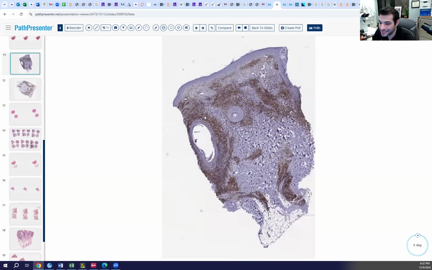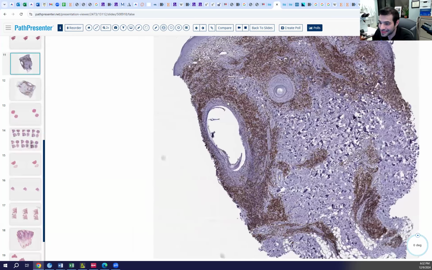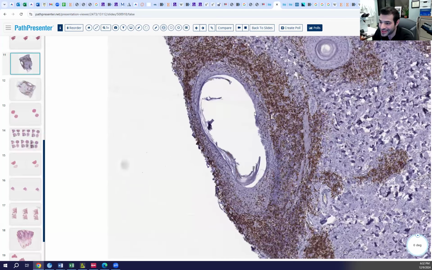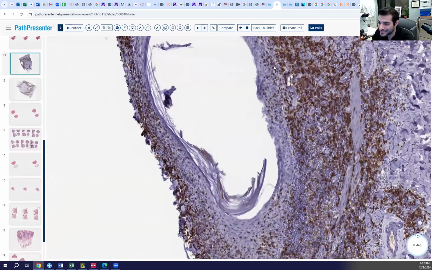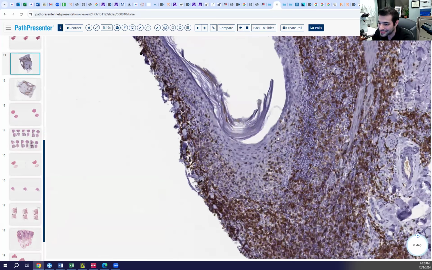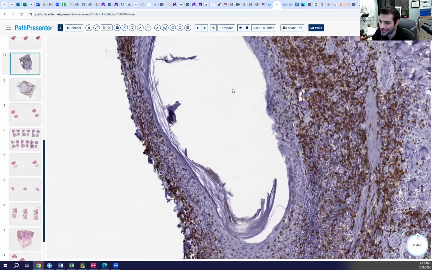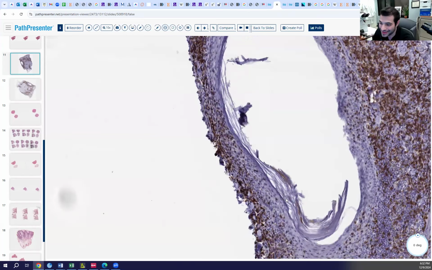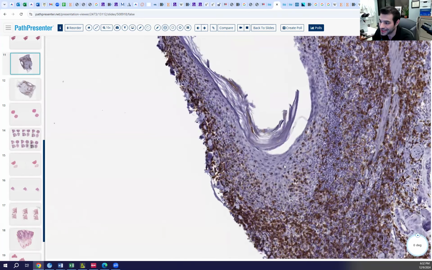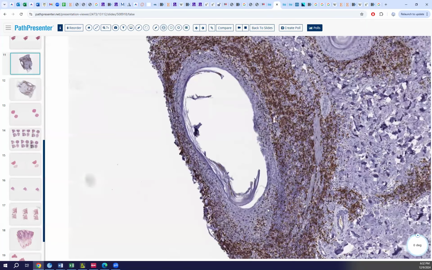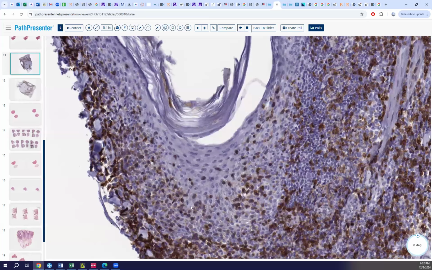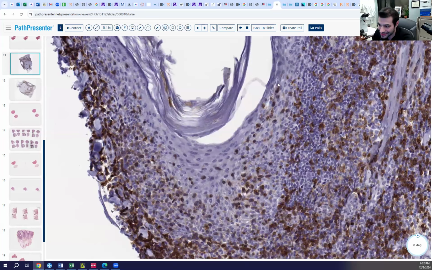So CD3, and not surprisingly, the lymphocytes are going into the hair follicle, right where we expect them to be. So the CD3 lymphocytes are going into the hair follicle. You see that right here, right? Follicular tropism.